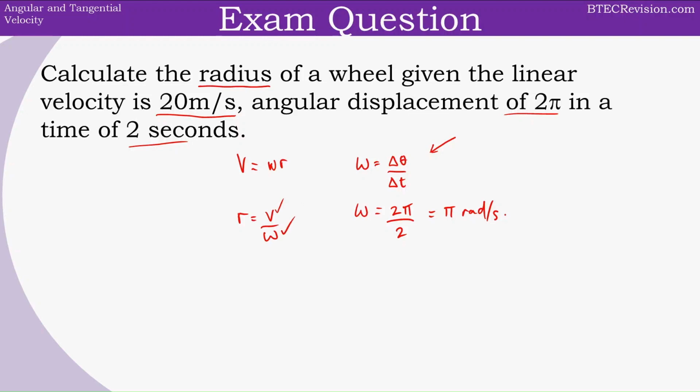Now we have omega, so we can plug in our values. r equals v, which is 20, divided by omega, which is pi. So 20 divided by pi gives us a value of 6.37 meters.